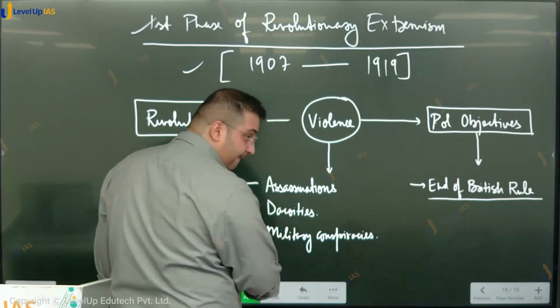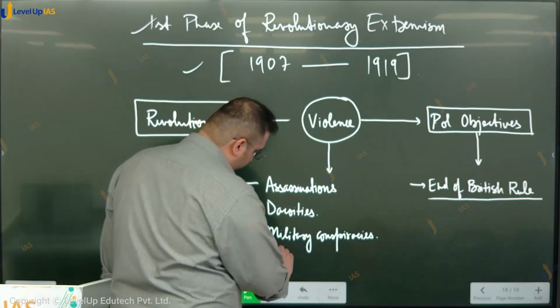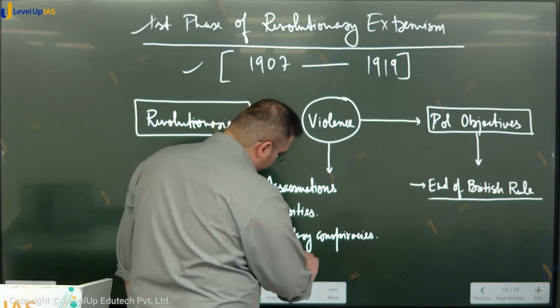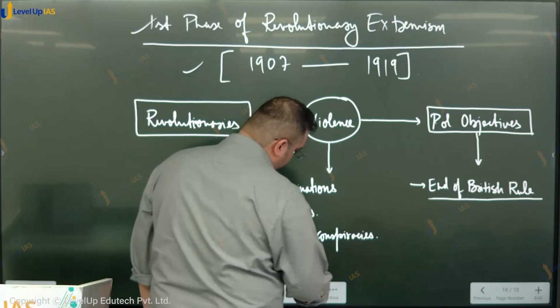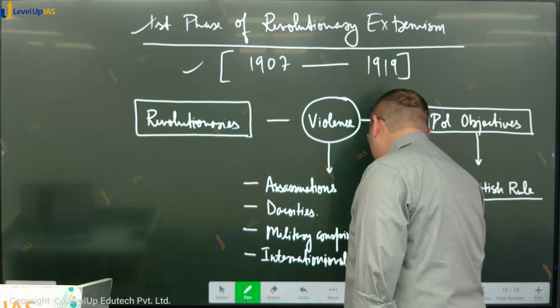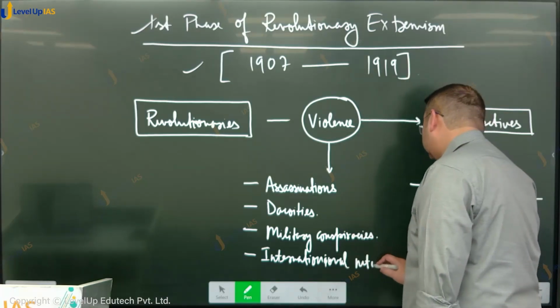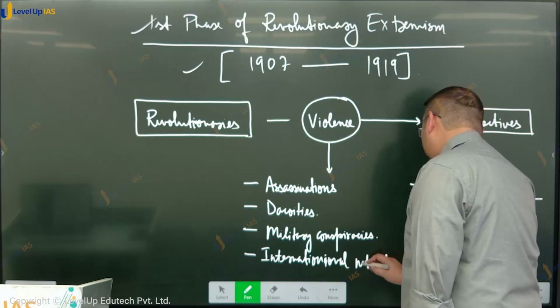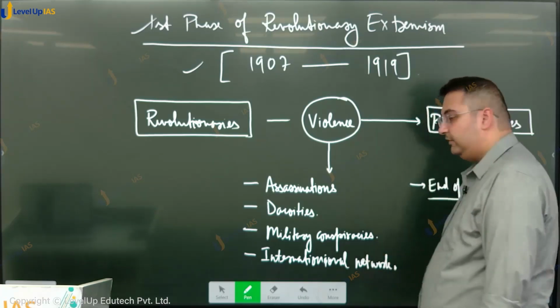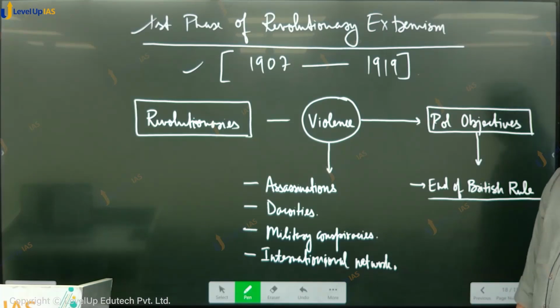Then the creation of an international network of revolutionaries who could counter the British at multiple fronts, including India as well as overseas.